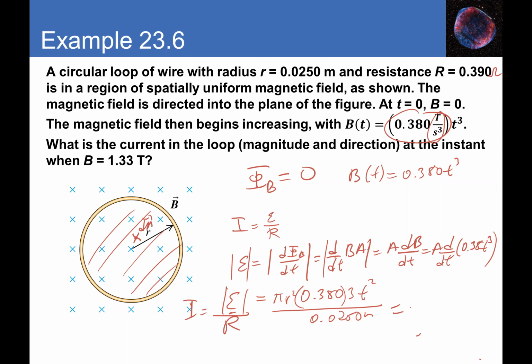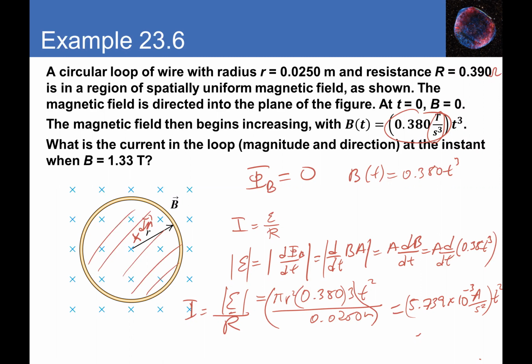So what we'll get here is 5.73 times 10 to the negative 3 amps per second squared, times t squared.